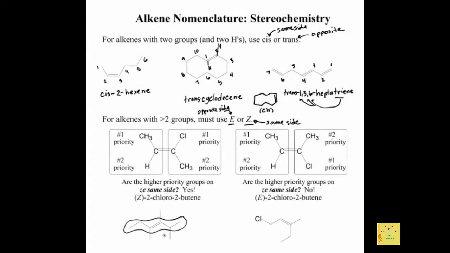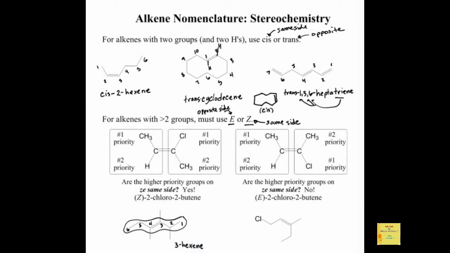Now we want to consider the substituents and give them also the lowest possible number. So we'll number from the end closest to the first substituent, 1, 2, 3. This would be the correct direction to go. So this is a 6-carbon chain. We call that hexene. The double bond starts at carbon 3, so we call this 3-hexene.